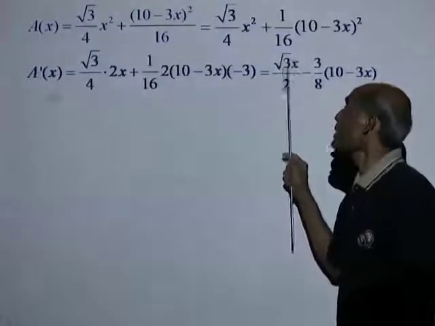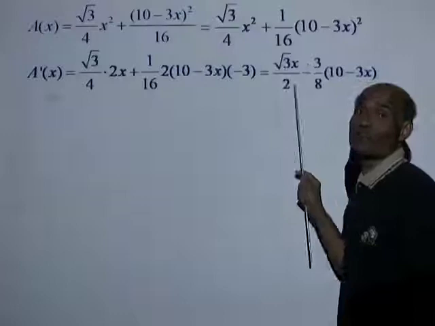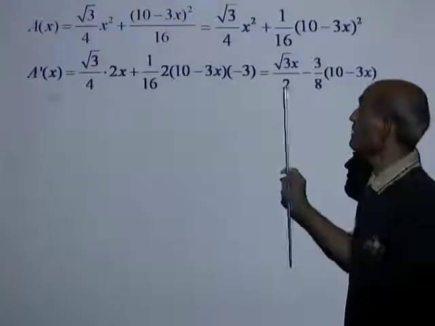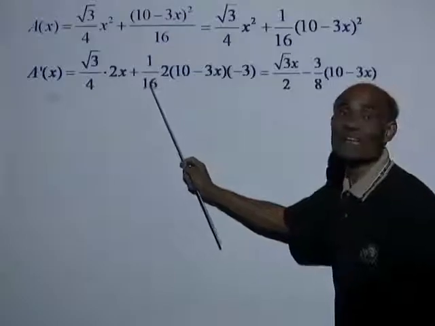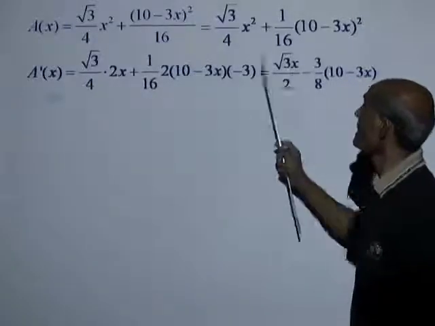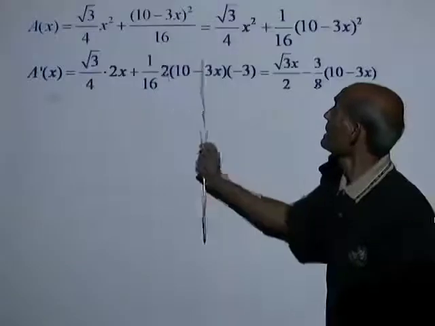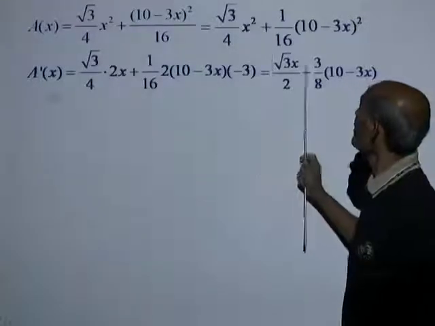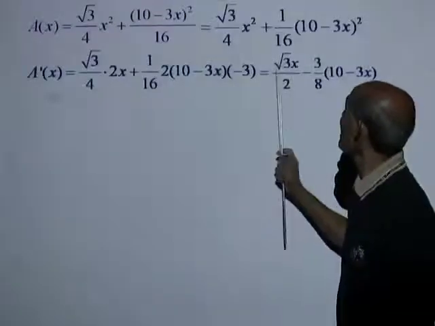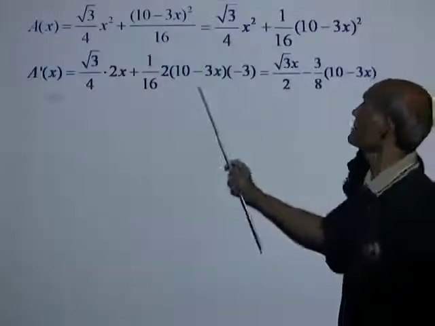No, this is square root 3 times x divided by 2, minus 16 and 2 giving an 8 on the denominator, and there is a 3 here. The negative sign will make that a minus, so you got minus 3 over 8 times (10 minus 3x).